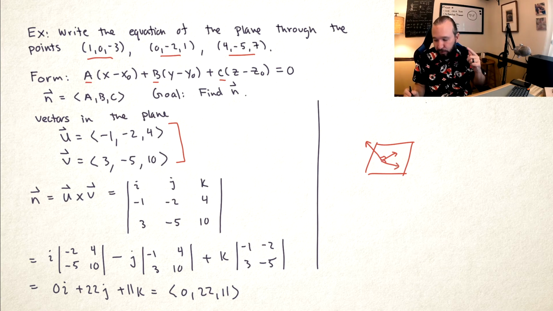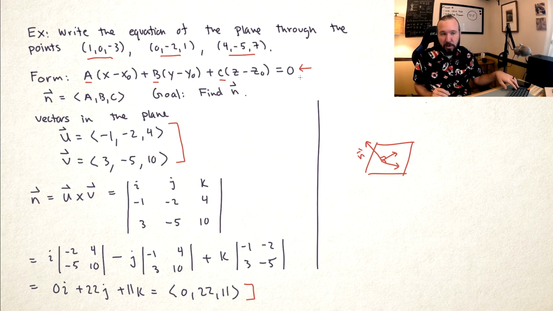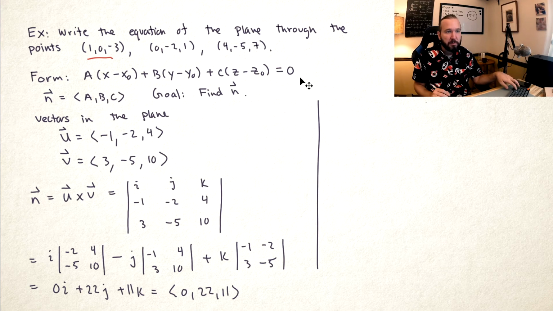If you have 2 vectors, then the cross product produces another vector that's normal to the plane. So I did this cross product, and that gave me this vector right here, which is normal to the plane. Now everything is set up for us to plug it into that formula, and it will give us the final answer.